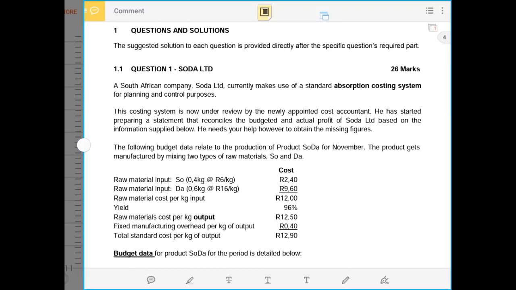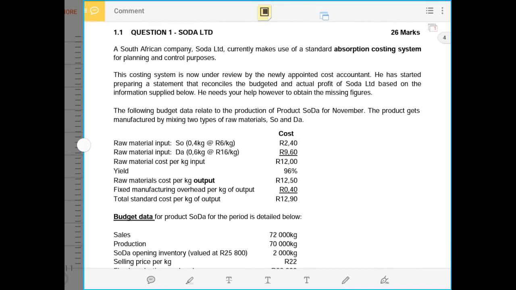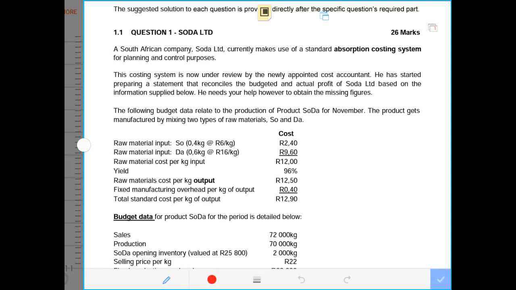So now it says in this question 1 that a South African company named Soda LTD currently makes use of a standard absorption costing system, meaning when they are calculating cost of production, they take into account the fixed cost as part and parcel of the production cost, as opposed to the marginal or direct system where the fixed cost is not taken into account in the calculation of the total cost of production.